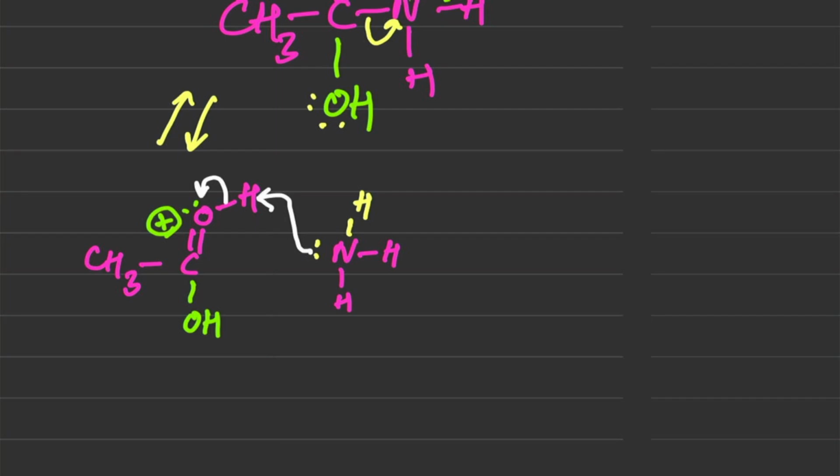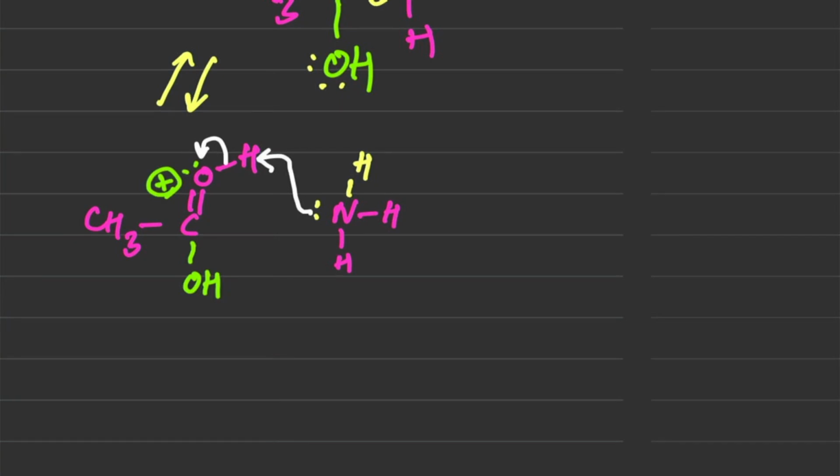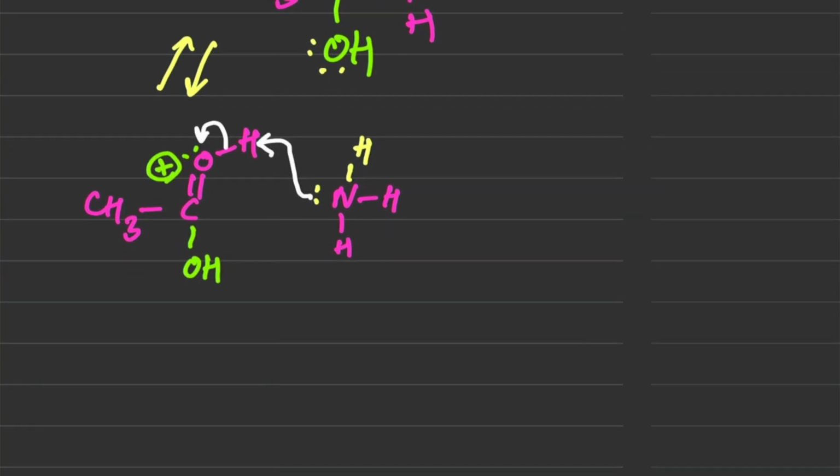So ammonia is the most basic thing that you will have in your reaction at that point in time. So that's the one that is going to immediately abstract the proton, because it was nearby. And also ammonia cannot stay on its own if you have a ton of protons. So ammonia will get protonated as soon as it has a proton. In this case, this is a proton source, so it will immediately get protonated.